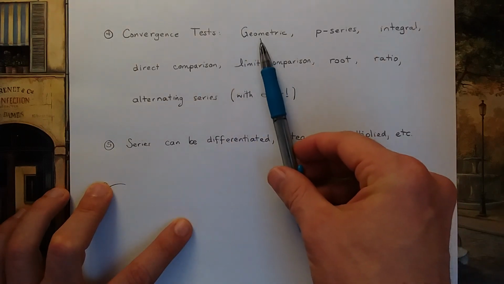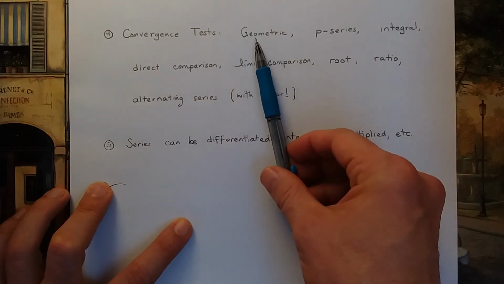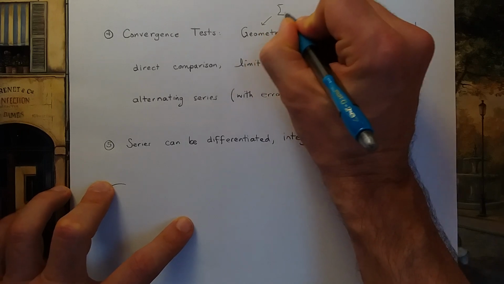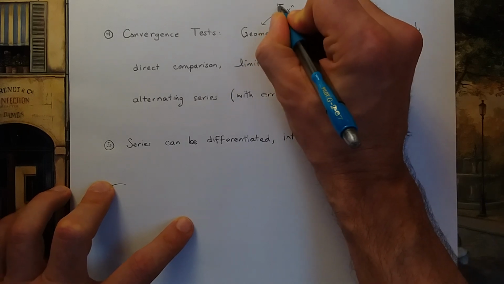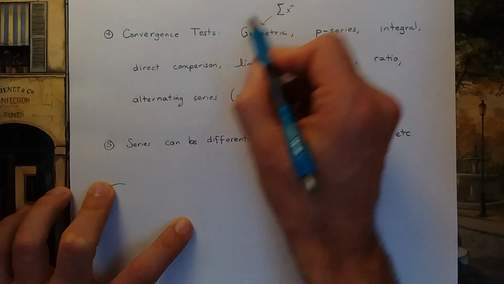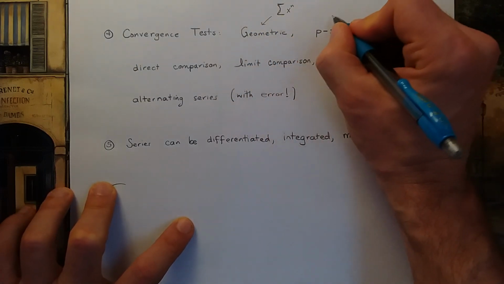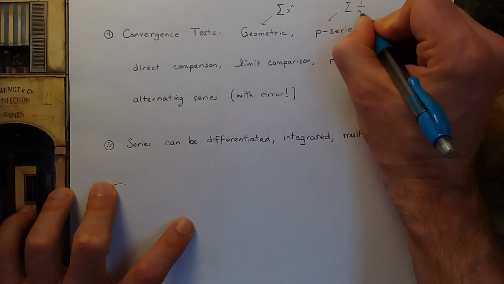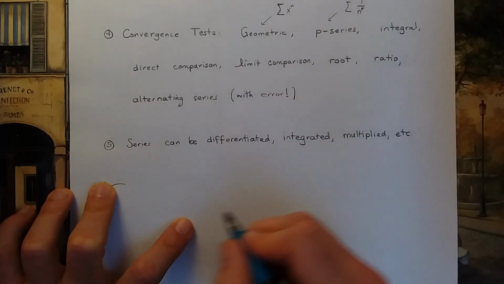First of all, you could see if you have a geometric series, if you just have something of the form x to the n power. You might have a p-series. That's when you had something of the form 1 over n to the p.